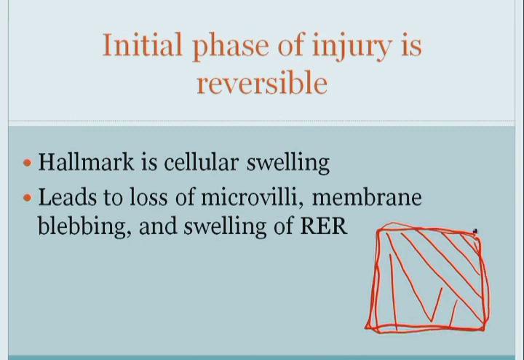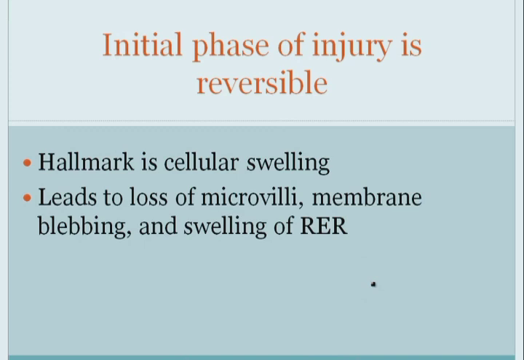Now, if there is excess water coming into the cell, then little blebs can form on the surface of the membrane as they pull away from the cytoskeleton, and that would be another sign of reversible injury. But again, what's the key principle? Cellular swelling. So that's the hallmark. That's why I say that if you just understand cellular swelling, everything else is sort of a consequence of that.